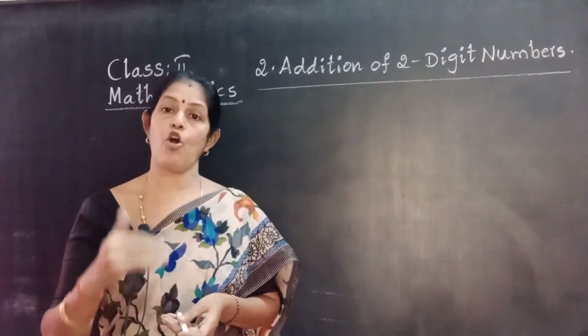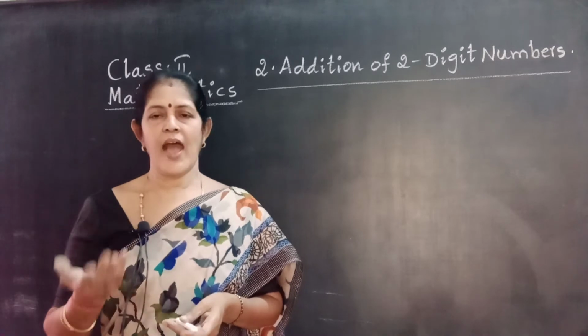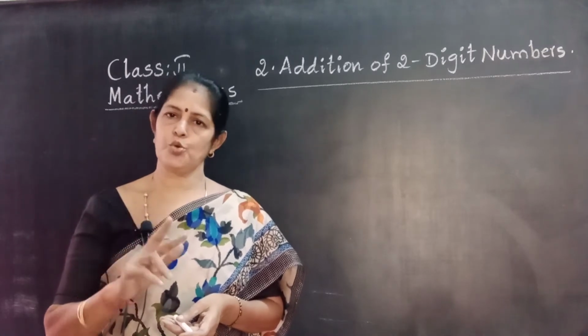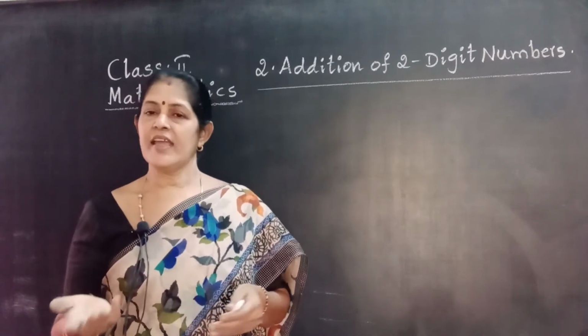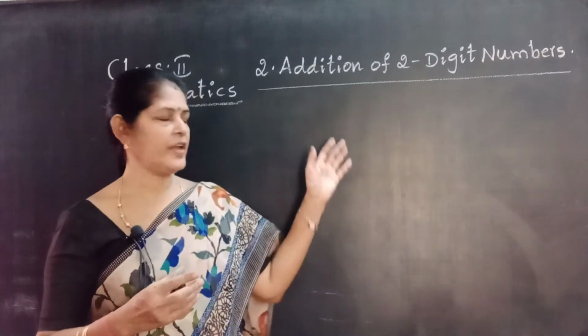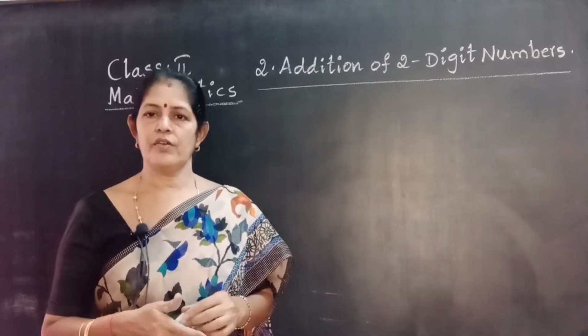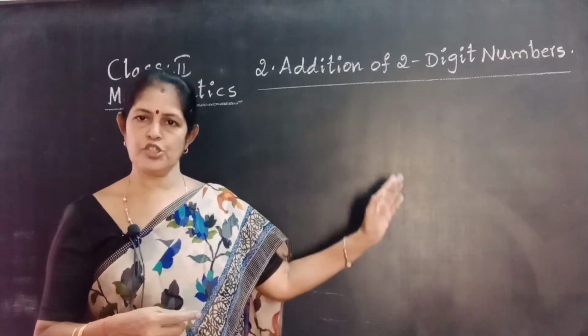Next number means the number after the given number. Next, when we add any numbers, that means 2 numbers or 3 numbers, in any order, we get the same total. We practiced these in the previous classes.